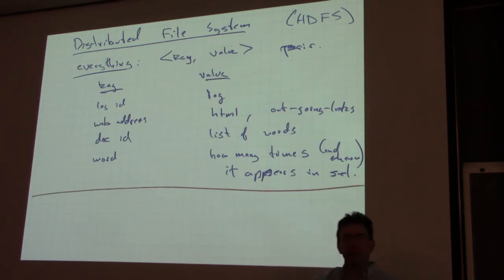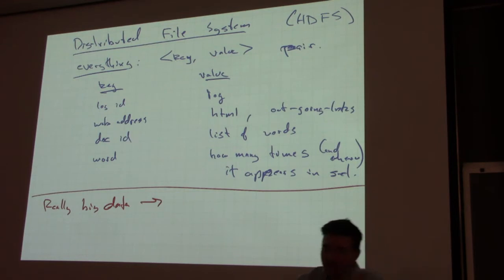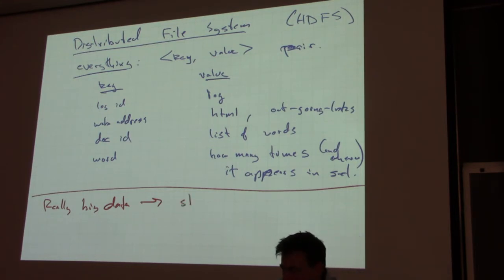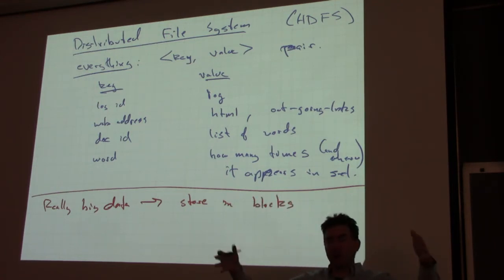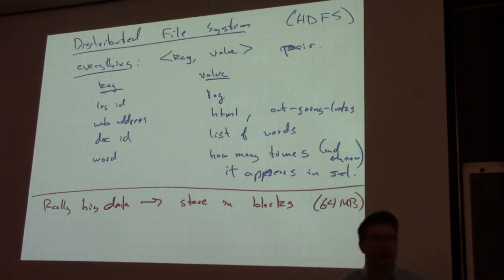Okay, and so when you have really big data, what you typically want to do is store it in blocks of data. Each block is going to contain a bunch of key value pairs, and will be roughly 64 megabytes in size.